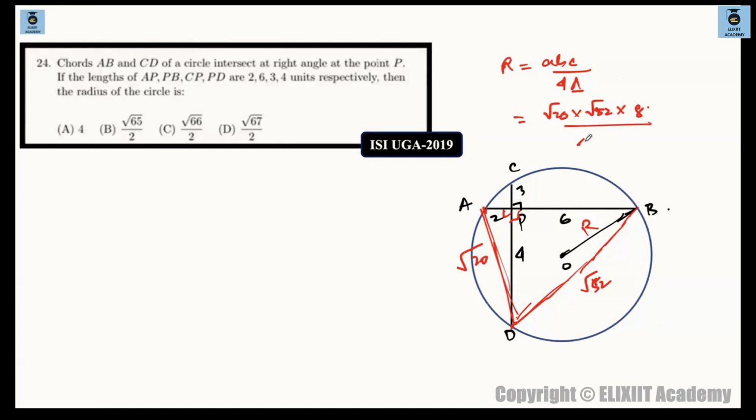So 4 times half into base into height. Height is 4, so half into 8 into 4.